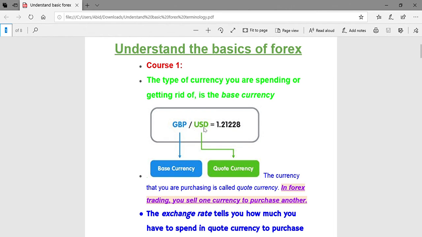If you look at the one value way, suppose you want to buy GBP with USD, there is a value here. You have to pay this value to buy GBP.